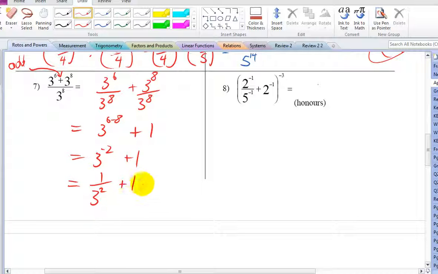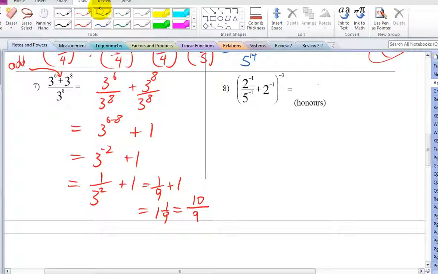So what we have is 1/9 plus 1, which is 1 1/9. Convert it to an improper fraction, please. Okay, so convert it to an improper. Ten over 9. Any questions?